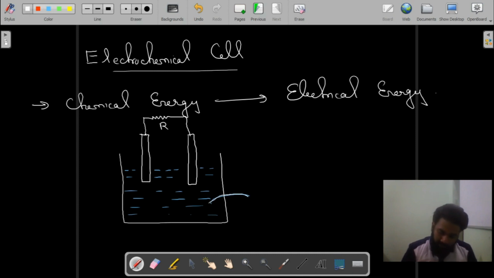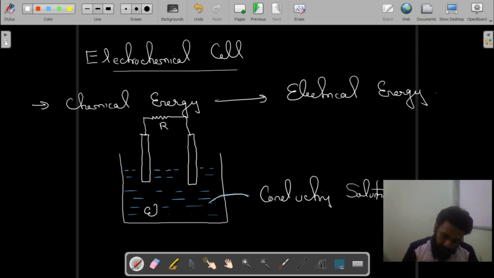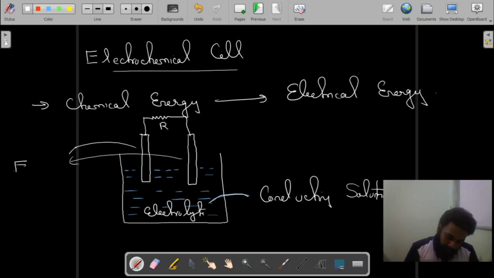This electrolyte is nothing but a conducting solution, and these two are electrodes.